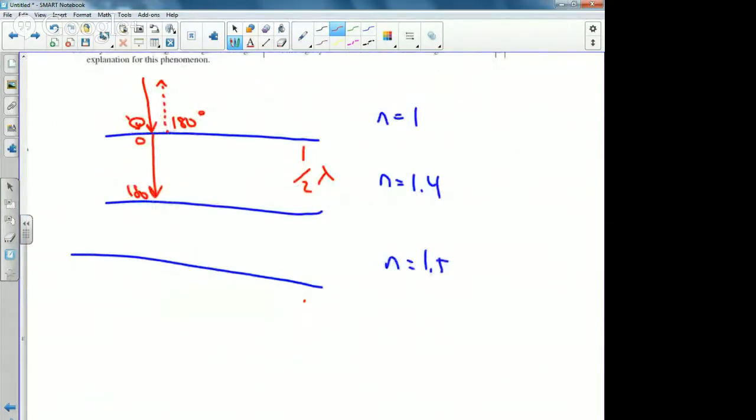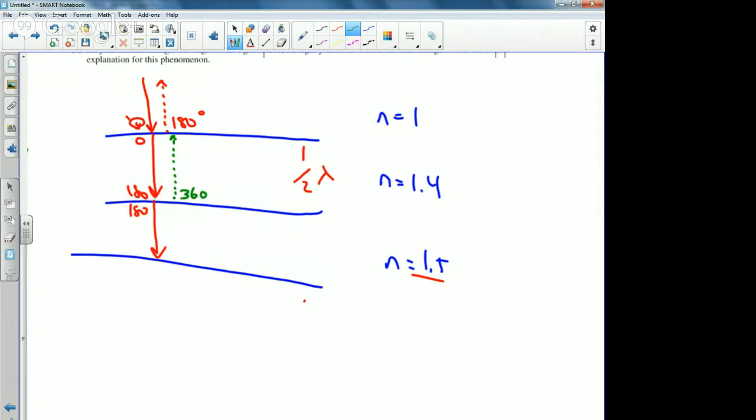Now it goes through again. Partial reflection, partial refraction. It goes through at 180, but it reflects because it's going into a denser medium again. It reflects back, so 180 plus 180 is 360.